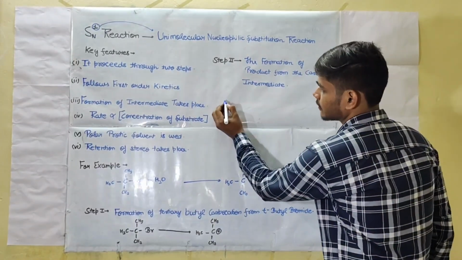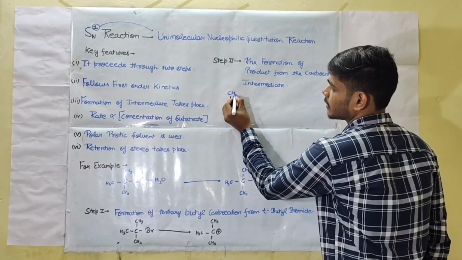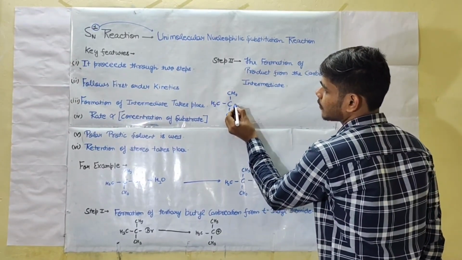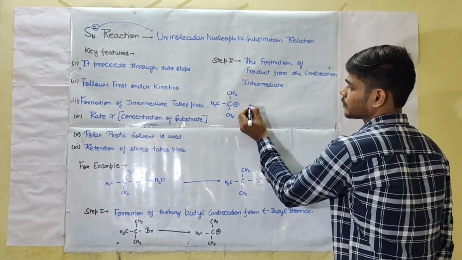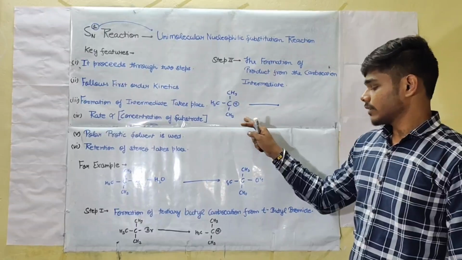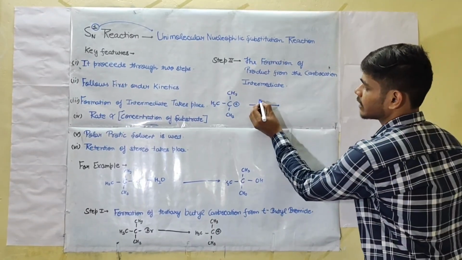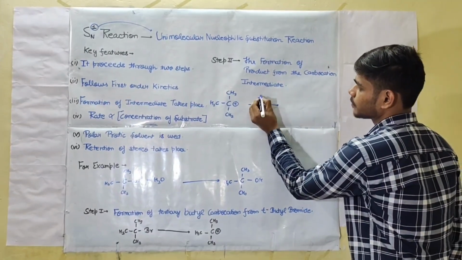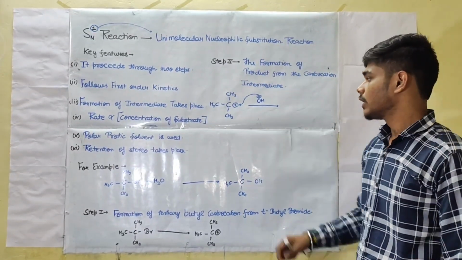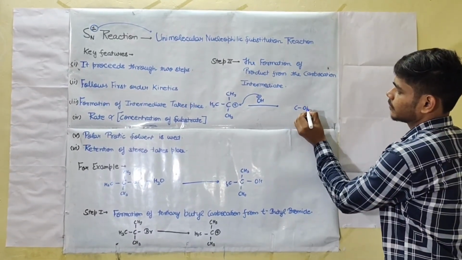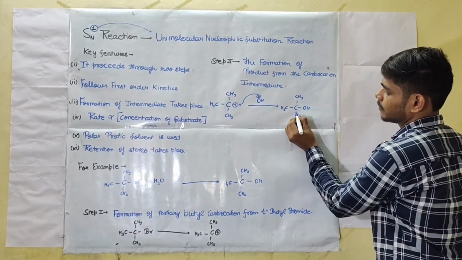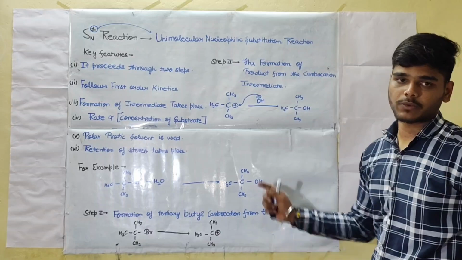So in this reaction, tertiary butyl carbocation, OH minus, which is generated from H2O, attacks the carbocation and forms the tertiary butyl alcohol as a major product.